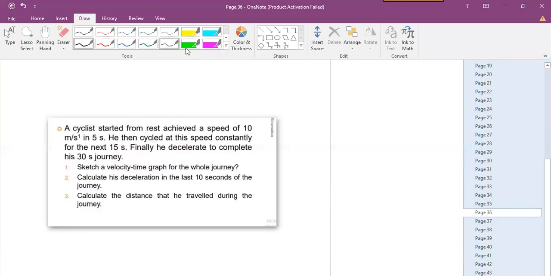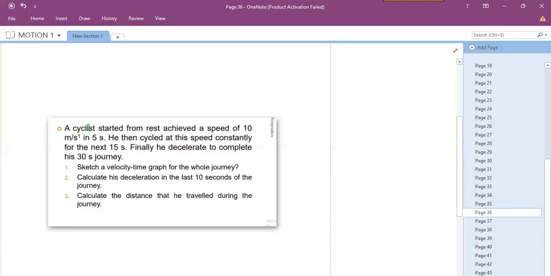So let's try to analyze this question. We have got a cyclist. A cyclist started from rest. When they are saying started from rest, you have to draw a line that is parallel to the x-axis.